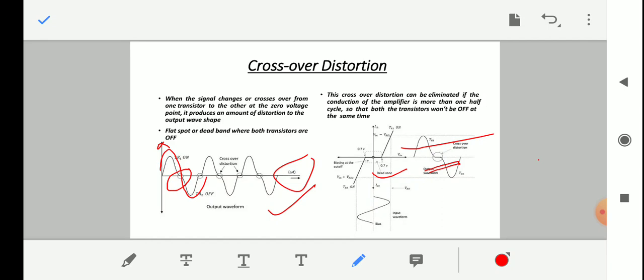At that time transistors T1 and T2 both are off simultaneously, and due to this condition a flat band or dead band is created at every crossover point, and this kind of distortion in the output waveform is defined as crossover distortion.